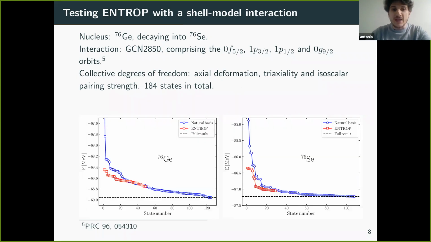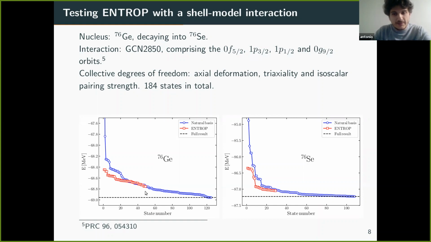So, for the energies in germanium and selenium, the ground state energies here, we have found that using the natural basis with all of the states, so doing a full GCM calculation, so normally the diagonalization of the norm overlap kernel with all of these states, and then we do again the norm overlap matrix diagonalization with only the states selected by entropy, and then we can see here, comparing these two results, that for the convergence of the energy, our method does as well as the natural basis one, as diagonalizing the full norm overlap matrix.